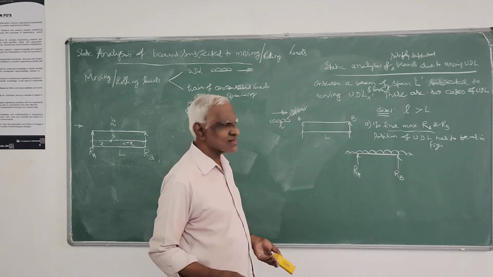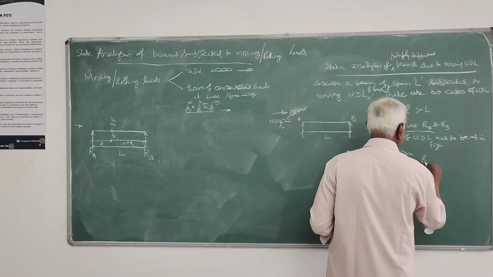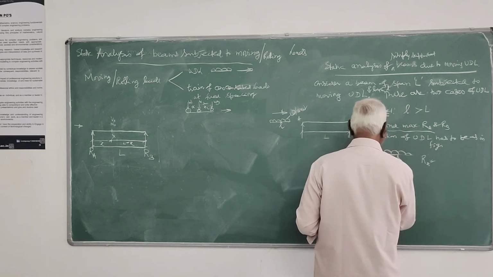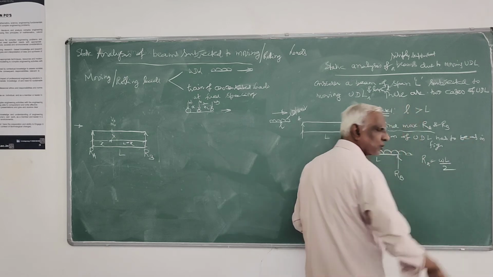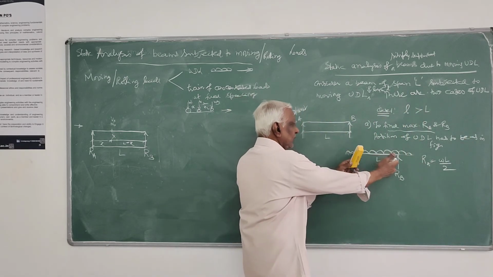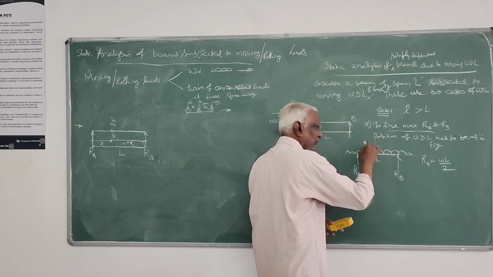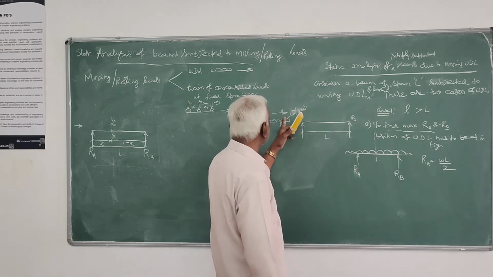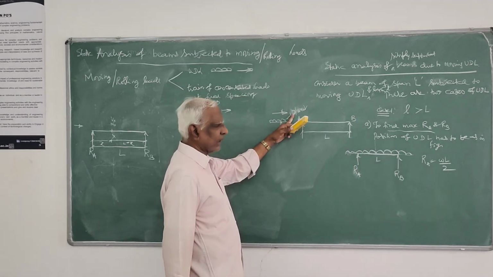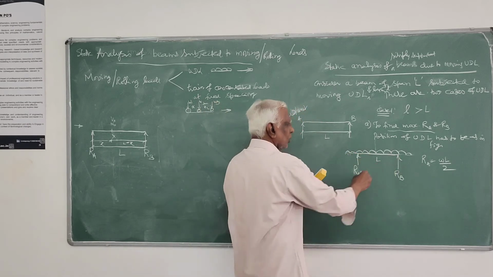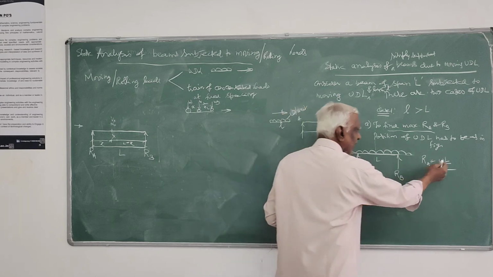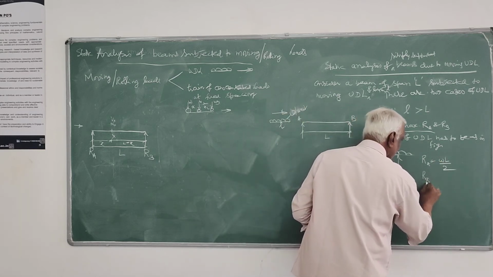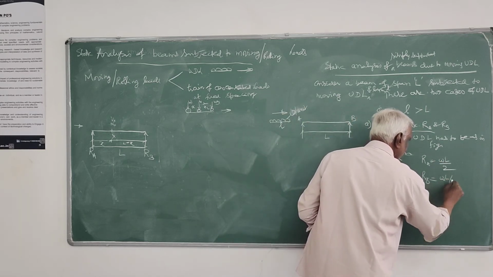When the load is like this, with span L, the value of RA has to be wL by 2. W into L is the total load. Intensity of load is w per unit length, L is the span, so total load is wL. Half of that goes here, half goes there. So that will be your maximum value.